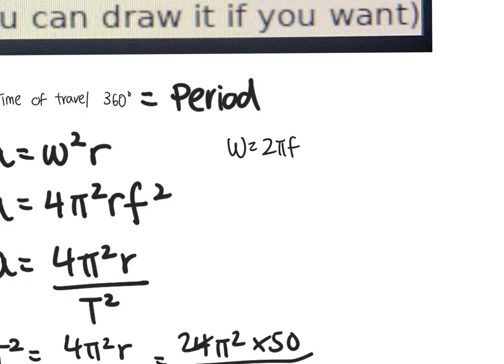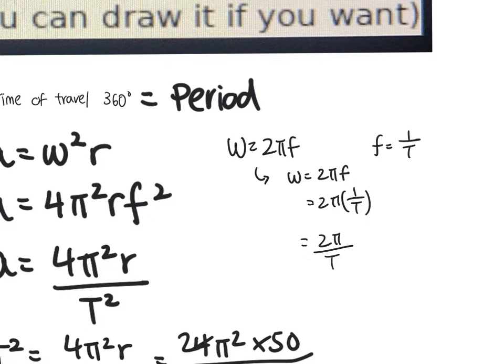f being frequency. And as we know, omega equals 2 pi f, and f equals 1 over t. If I multiply 2 pi by 1 over t, that equals 2 pi over t.